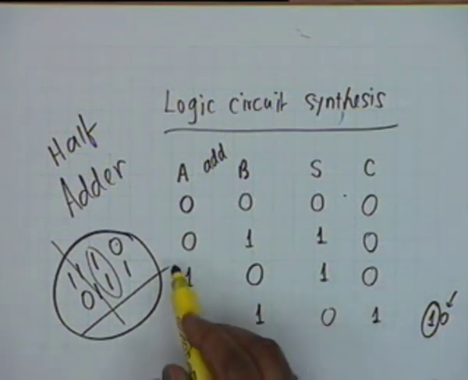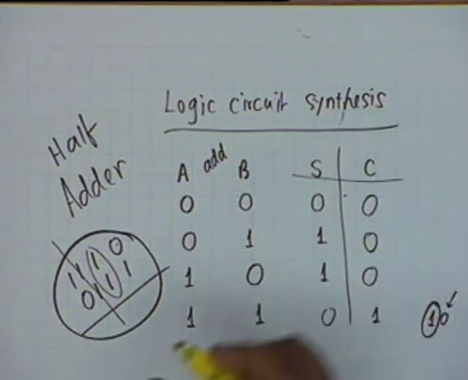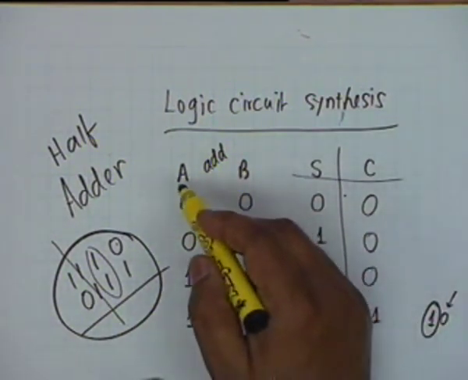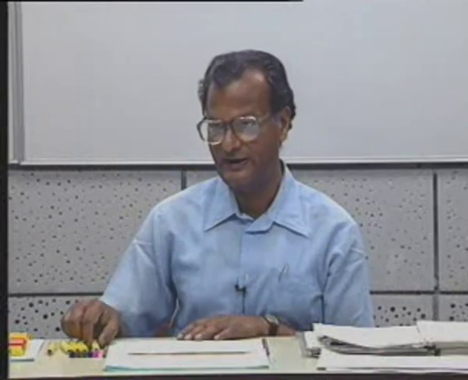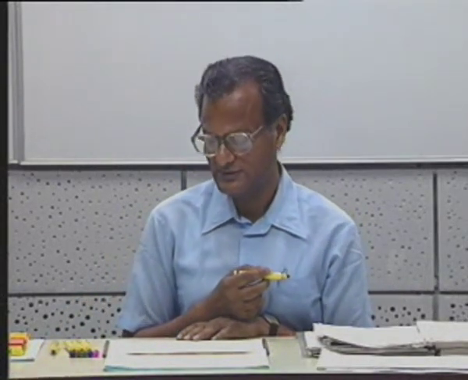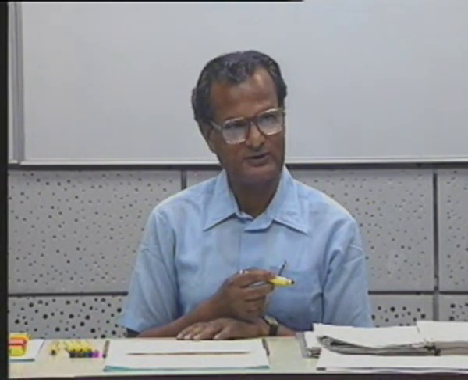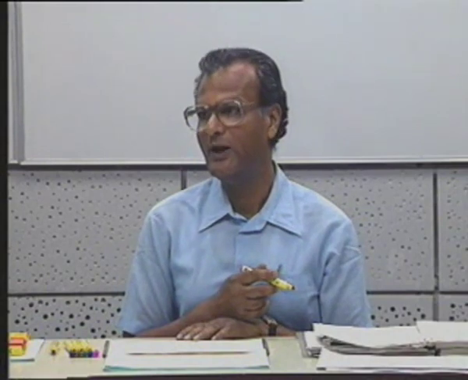In a half adder, this is the logic. There are two outputs, a sum and carry, and there are two inputs, A and B. How do you represent S and C? That is the question. And you can verify that in such situations, you have to consider only the outputs which are 1.